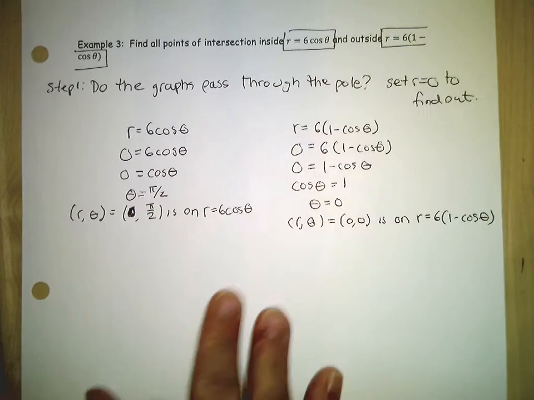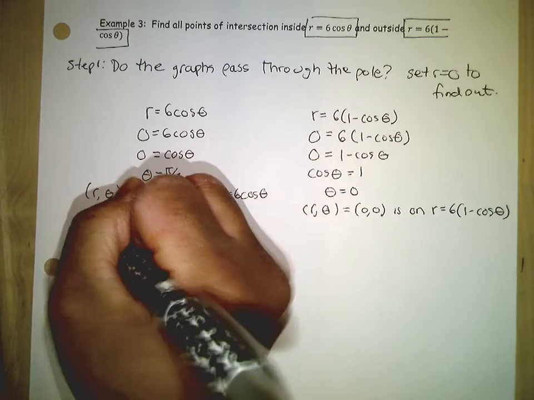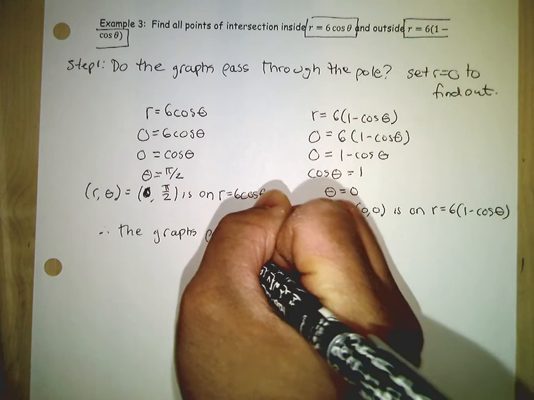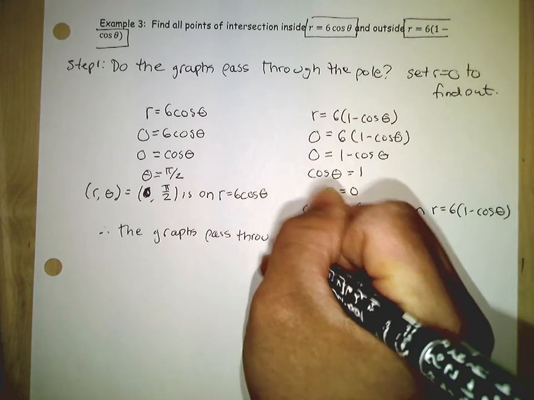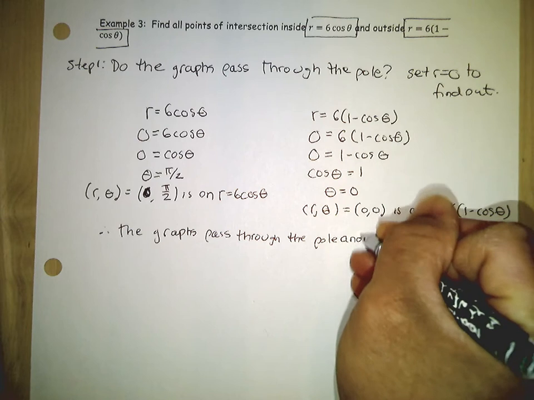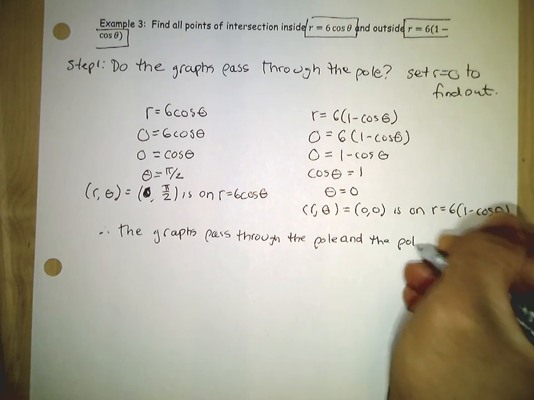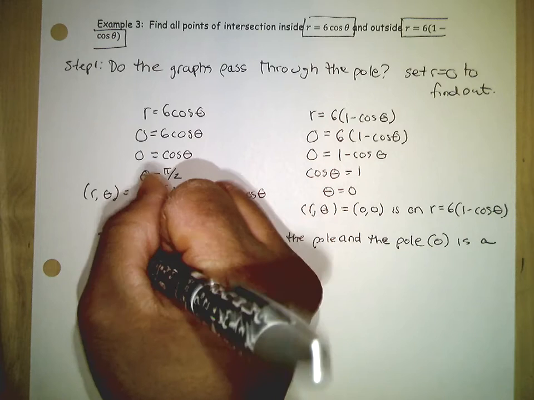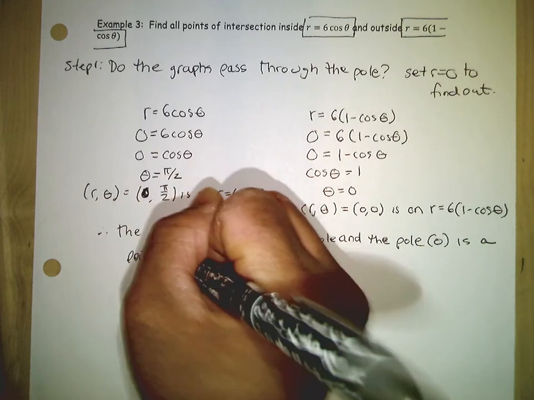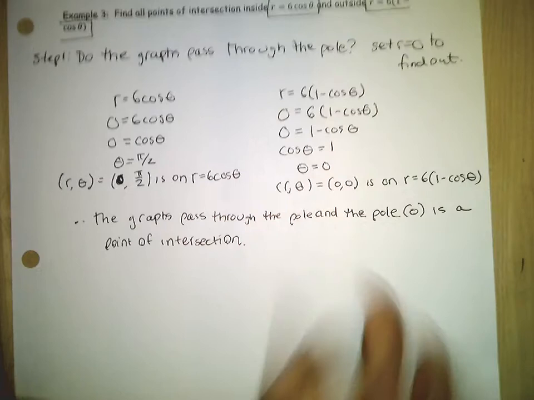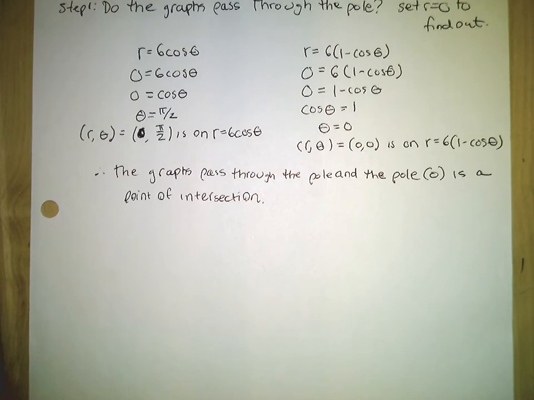So what does this mean then? It means that therefore the graphs pass through the pole, and the pole O is a point of intersection. All right, so we found one point of intersection already.